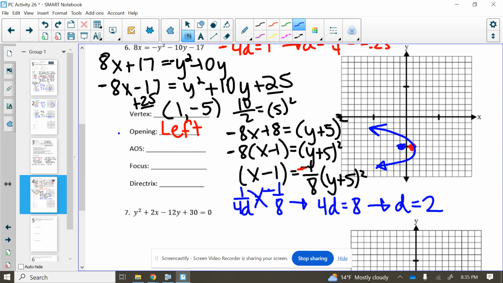And then our directrix this time is going to be a vertical line 2 units to the right of our vertex. So that directrix is a vertical line through x equals 3. Our focus is a point to the left 2 units at negative 1, negative 5. Axis of symmetry this time, we have this horizontal line that we could fold over. That's happening through y equals negative 5.